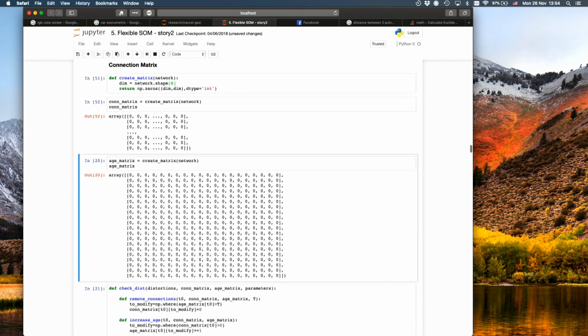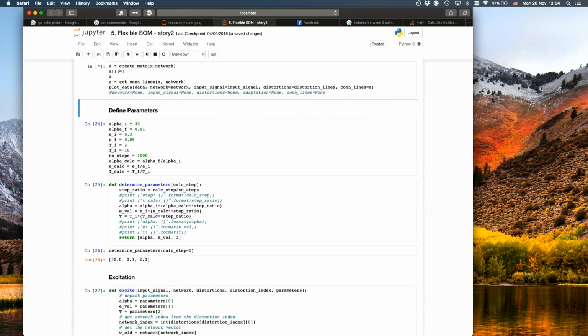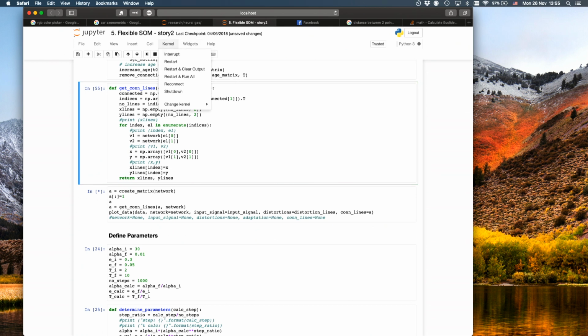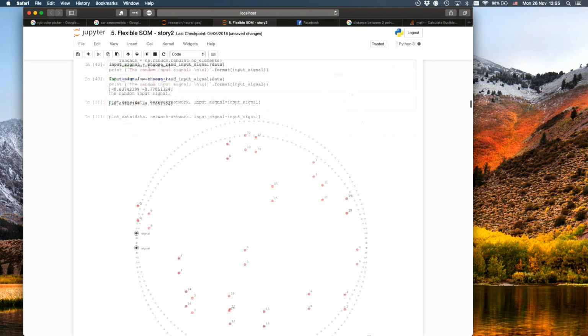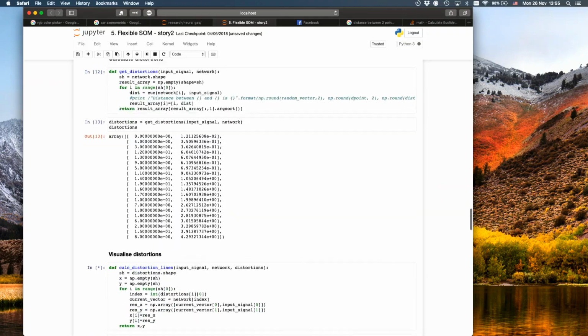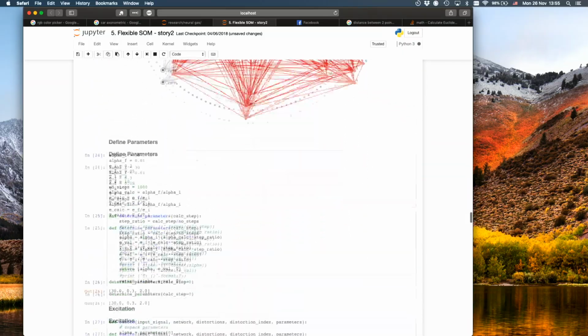I just want to show you how it looks. Yeah, these are all possible connections.